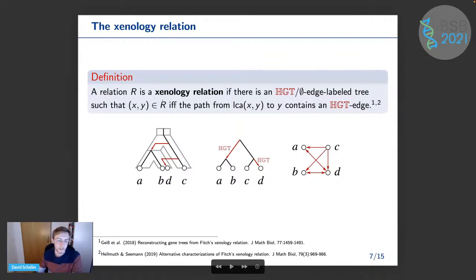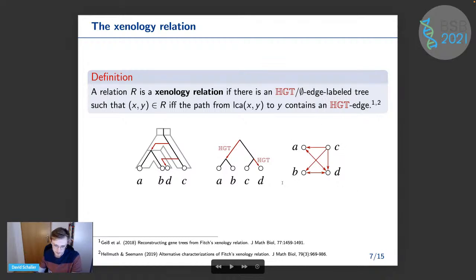And we say that a pair of genes X, Y, an ordered pair, is a xenology pair if the path from their last common ancestor to Y, so to the second one, contains a transfer edge. So this is no longer symmetric, because if you swap these, then you look at two different paths. So we have to represent it by a directed graph.